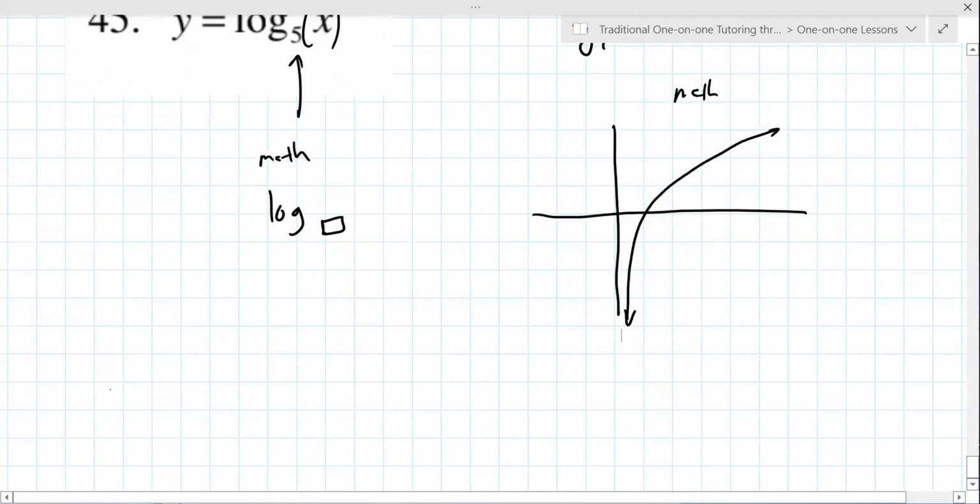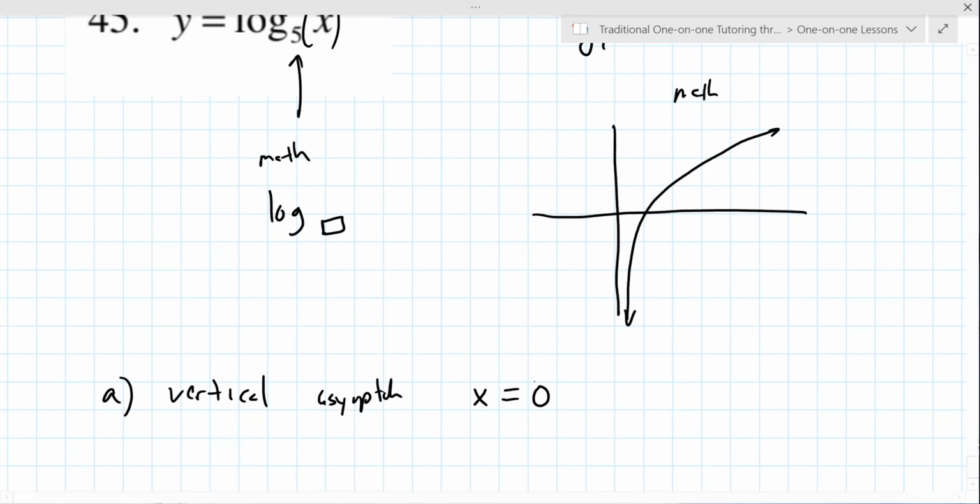We'll go through the same steps here. So for part A, it's asking about the asymptote. Your instructor is being intentional. This has a vertical asymptote, not a horizontal. And you set the inside part equal to 0. There's nothing to do here. You just set x equal to 0.